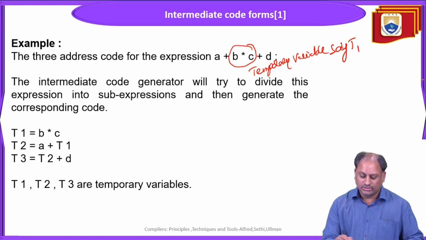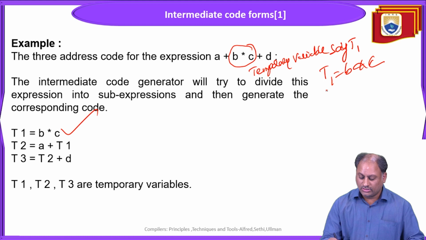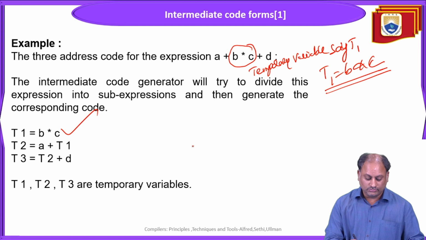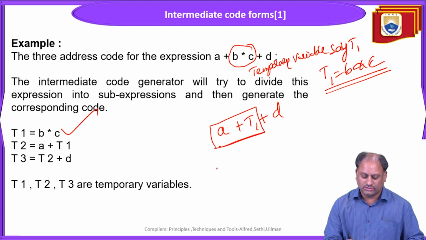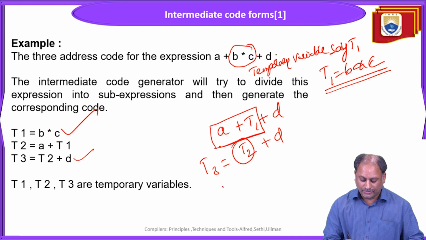So here we assign T1 equal to B star C. That is the expression we have taken initially. Now you can take A plus T1, and this portion you can complete with one more new temporary, say T2. Now T2 plus D will get one more temporary, T3. Now T3 equal to finally T2 plus D.